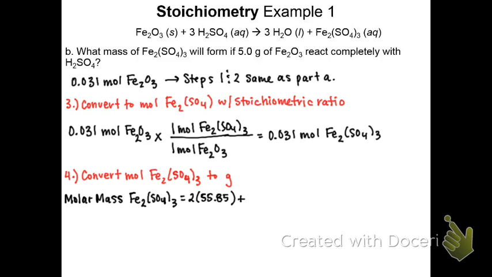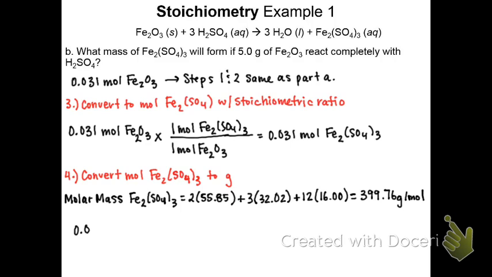And then we also have sulfur and oxygen present. So each sulfate ion in the formula unit contains 1 sulfur, but we have 3 sulfate ions. So that means we have 3 sulfurs. And then each sulfate anion has 4 oxygens, and we have 3 sulfate ions. So that means we have 12 oxygen atoms. So we need to multiply that by the molar mass of oxygen. And that gives us our molar mass of the iron sulfate.